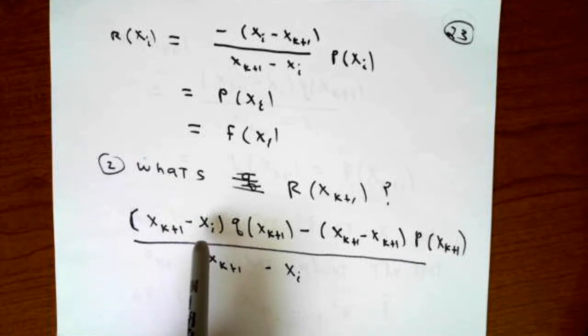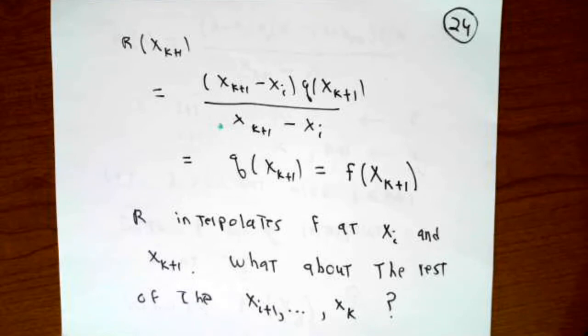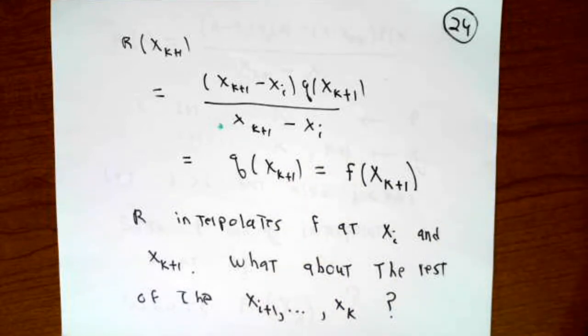Xk plus 1 minus xi shows up as a factor upstairs and is also a factor downstairs. The xk plus 1 minus xi is going to cancel out. Having done so, we find out that r at x number k plus 1 is q at x number k plus 1.